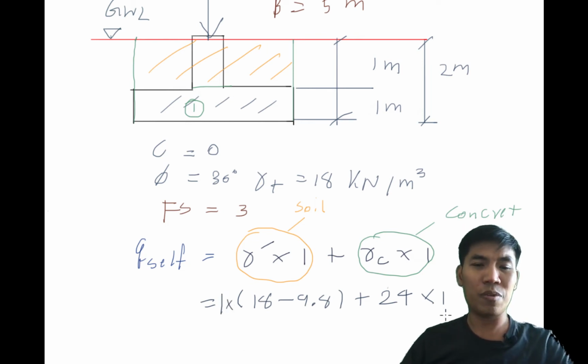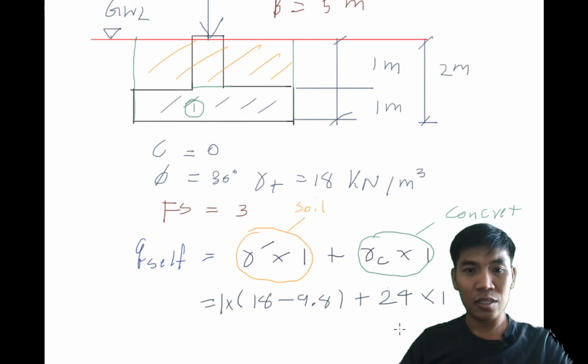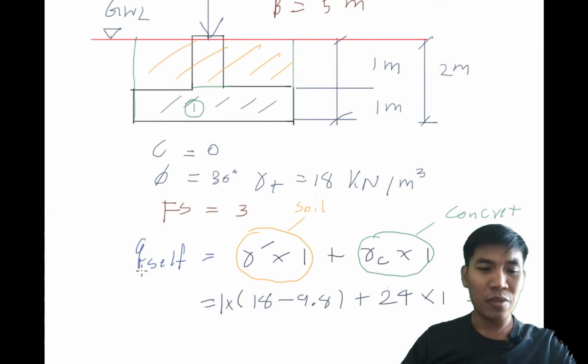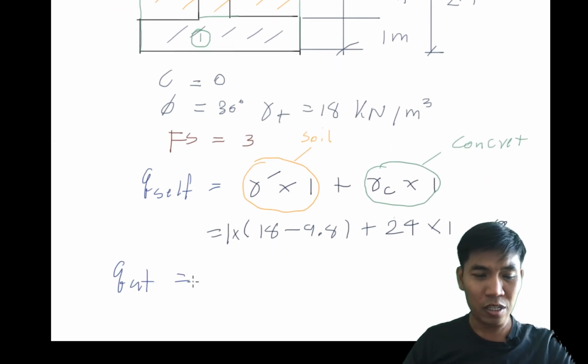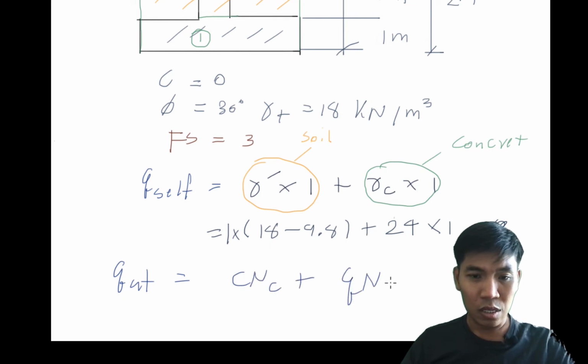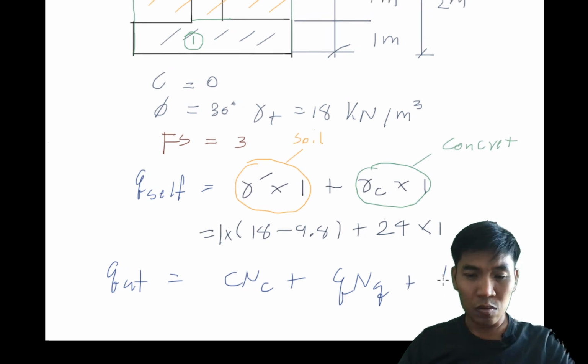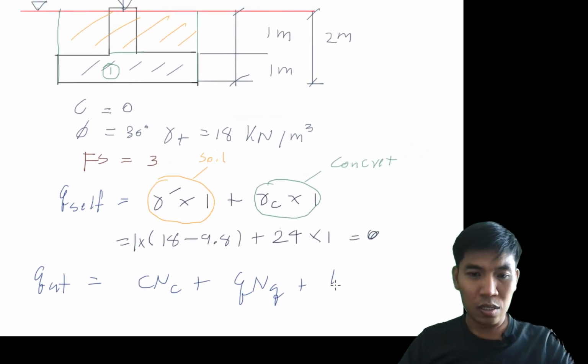Okay, if we would like to start with the Terzaghi equation for this footing, we have Q ultimate equal to cNc plus qNq plus 1 over 2 B gamma N gamma.